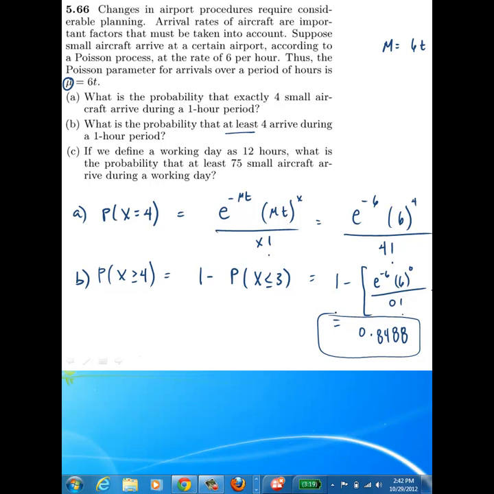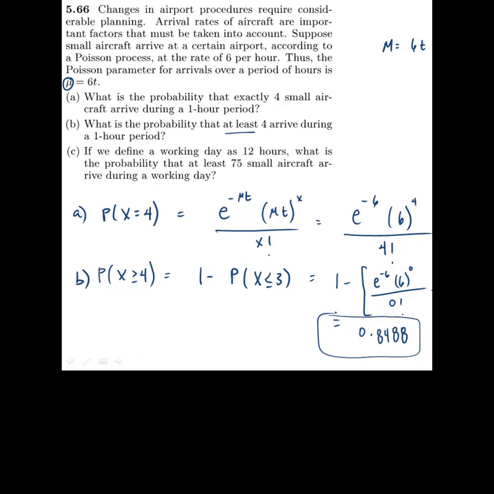So we need to change our time units from hours to days. You know that we are going to expect 6 airplanes per hour. So if you want to change that to days, you're going to have to multiply that times how many hours? 12. So your new mu equals 6 times 12. So this is 72.